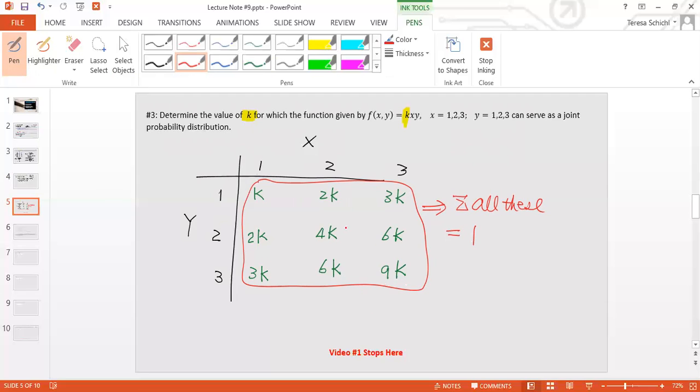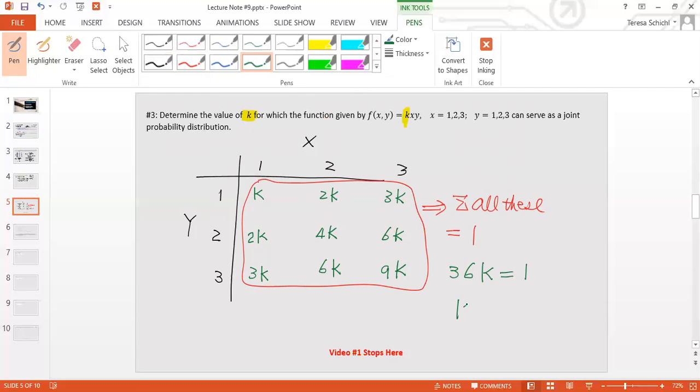So now if you add 1k, 2k, 3k, so it's 1, 2, 3, 6, 8, 12, 18, 21, 27, 36. Okay, good. So when you add them all up, it's 36k. So what is this supposed to equal to?